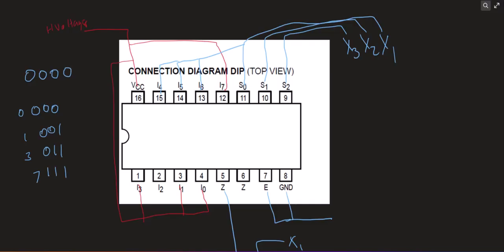So let's say if you connected 7 to X1, high output voltage. Yeah, that would work.